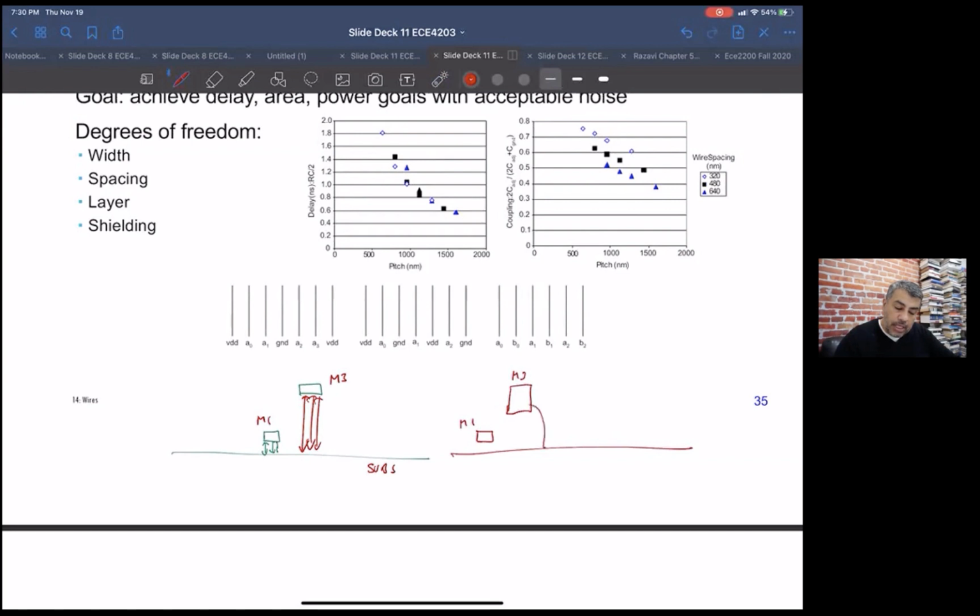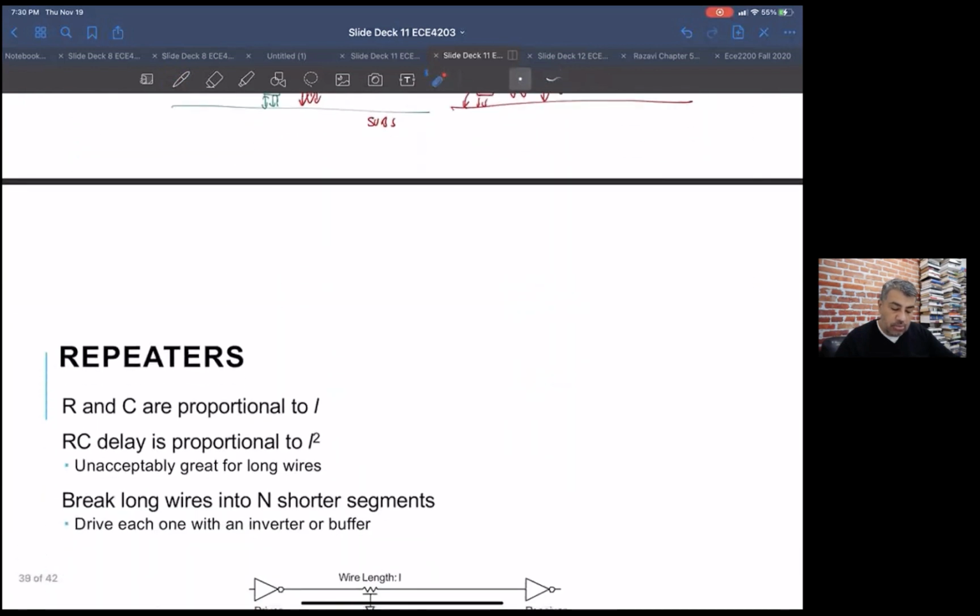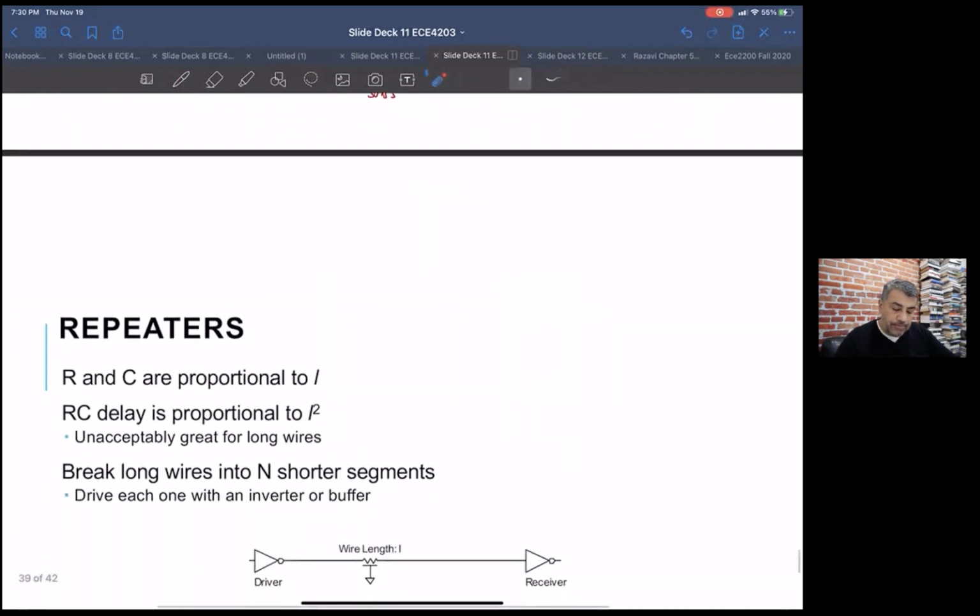And it might end up having a lot more fringe capacitance than metal 1. So it's no longer guaranteed that just because you're jumping up to higher level metals, you can reduce your capacitance. So it's just something to look out for.